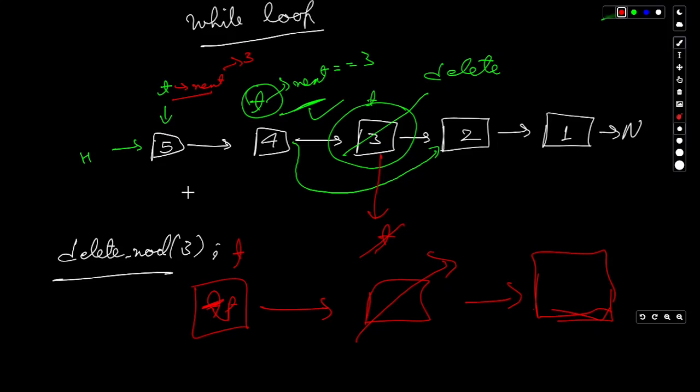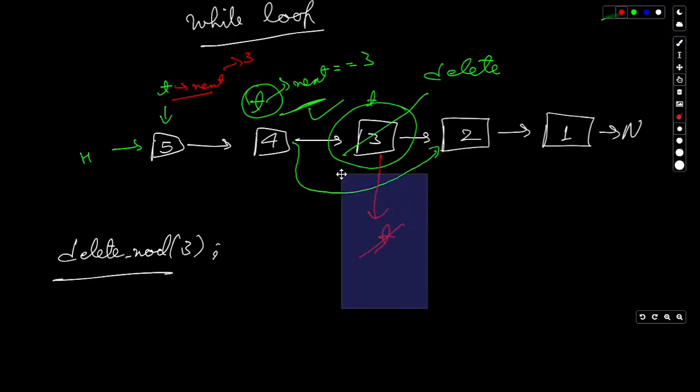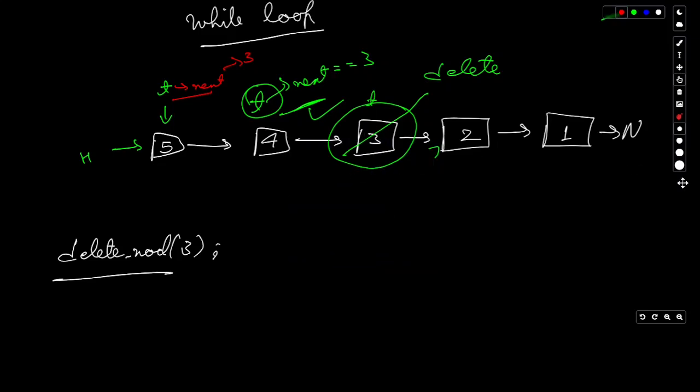And the second condition, let's say a particular node is not there in the linked list. If a particular value is not there, we will move over here to temp, and temp's next is equal to null at this point. So when this happens, we can say that this particular node doesn't exist.